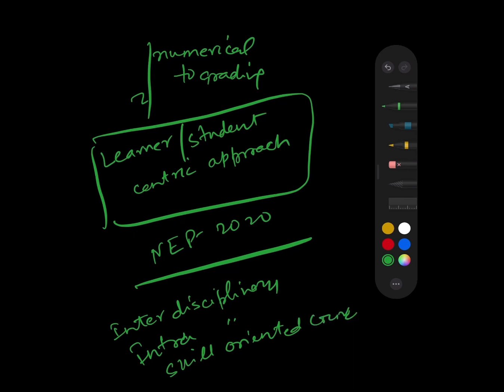For what we studied, we laid our focus on a particular field. But here we can choose from interdisciplinary, intradisciplinary, and skill-oriented courses, and that provides flexibility to the students. That is, I think, very important.